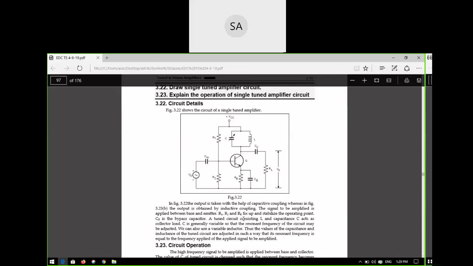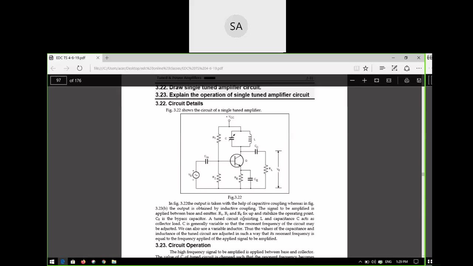It will reject all other frequencies. At a particular frequency, which you can call the resonance frequency, only that frequency will be raised or its voltage levels increased. Other frequencies are rejected. So that is the narrow band amplifier.